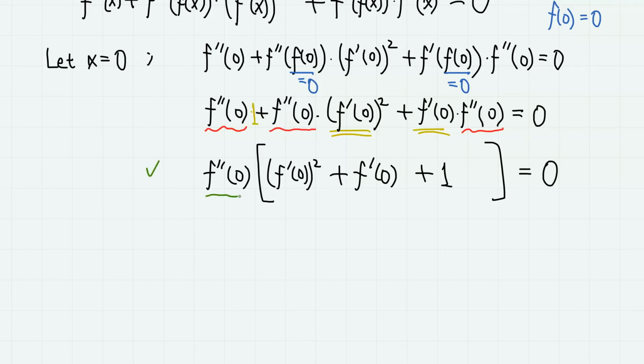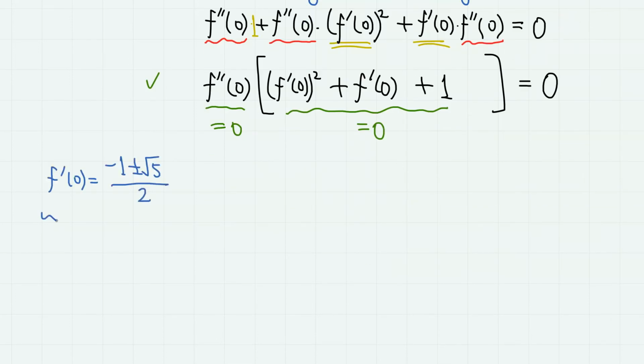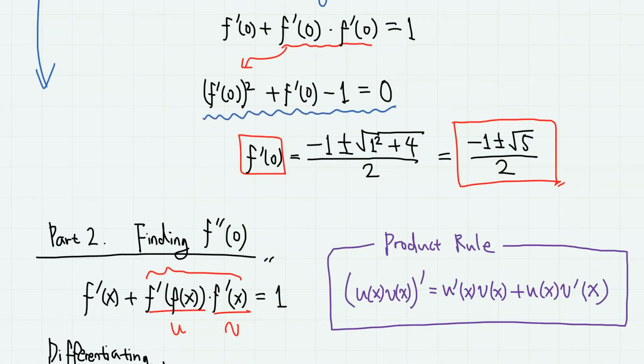So here, either this can be 0 or this can be 0. However, we have already obtained that f'(0) is minus 1 plus or minus square root of 5 over 2, or a more useful expression is from here, which gives f'(0) squared plus f'(0) equals 1. Using this, we can handle two different values of f'(0) at the same time.